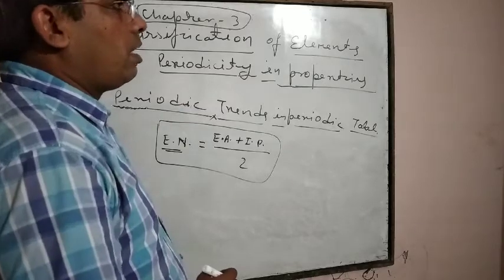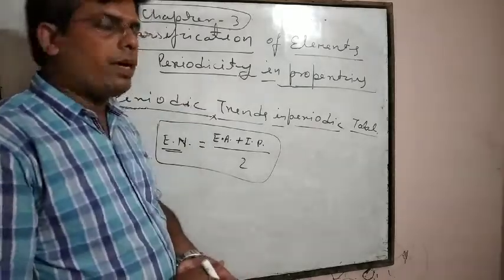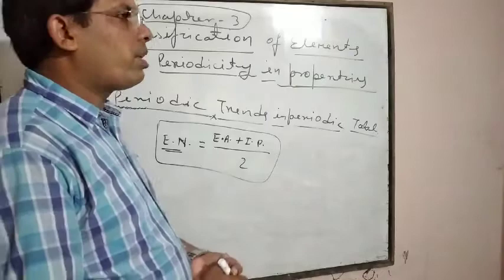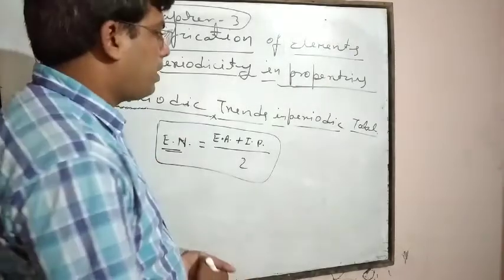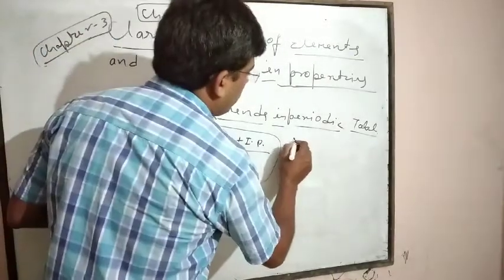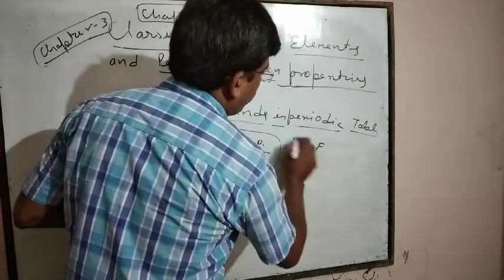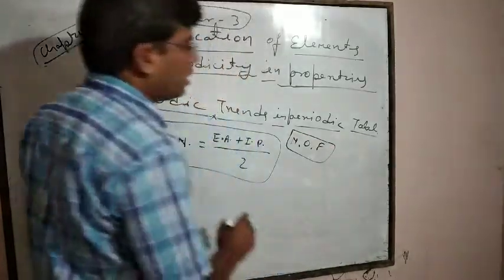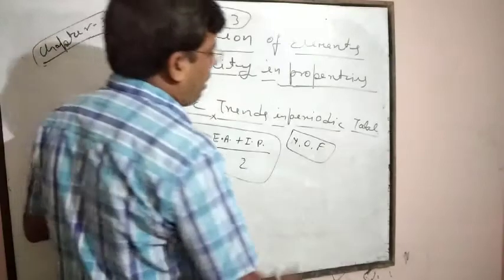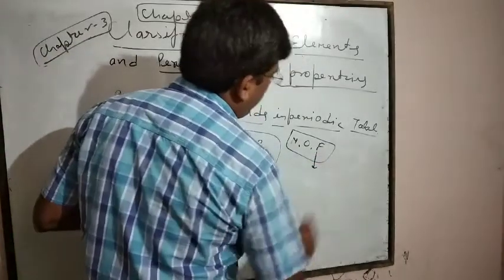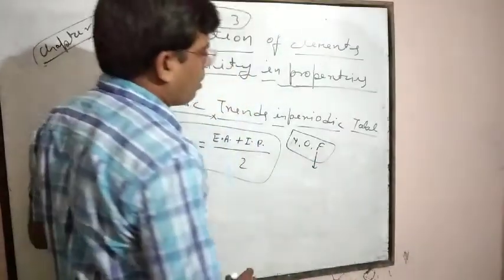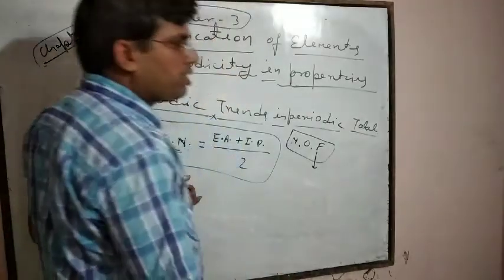And you should always remember there are three most electronegative elements: nitrogen, oxygen and fluorine. Among these three elements, fluorine has the highest electronegativity because fluorine has the smallest atomic radius.